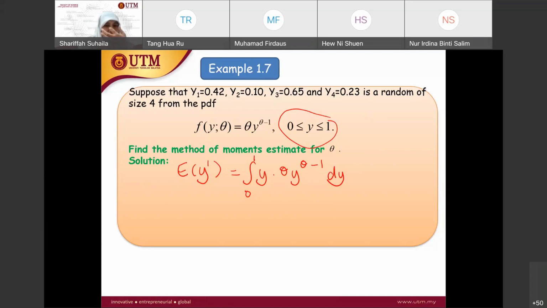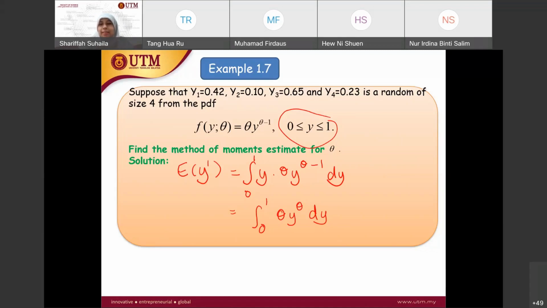So you just solve your integration dulu. So y to the power 1 cancel out dengan minus 1, so yang kita tinggal adalah 0, 1, kita ada theta y to the power theta. Saya simplifykan dulu, saya cancel out y to the power minus 1 tu.